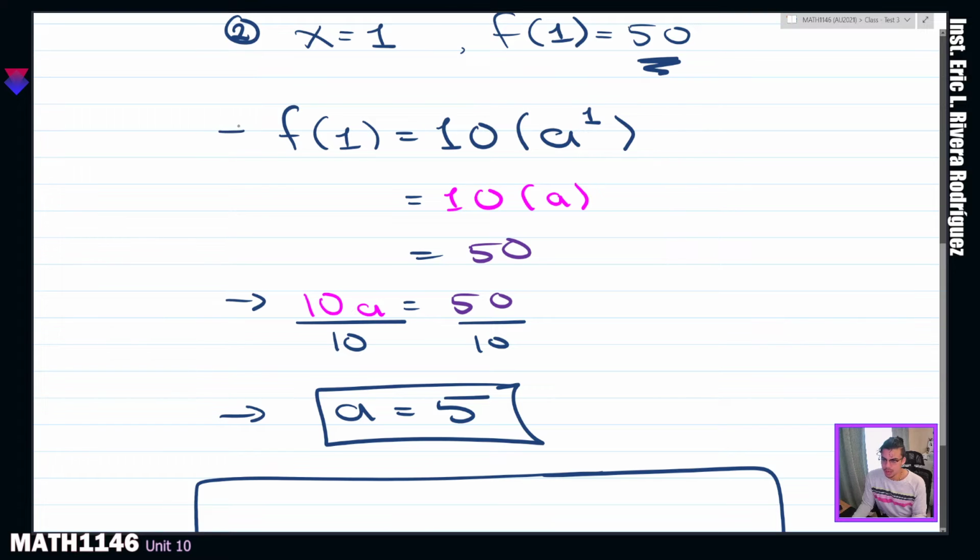So when I use x equal to 1, what we got was an equation. When I substitute x with 1, so I should put that also in colors.